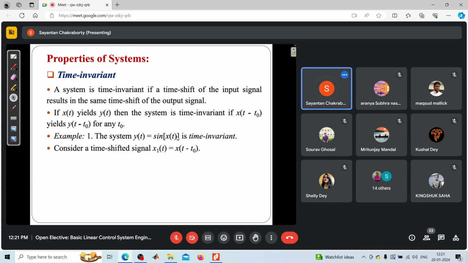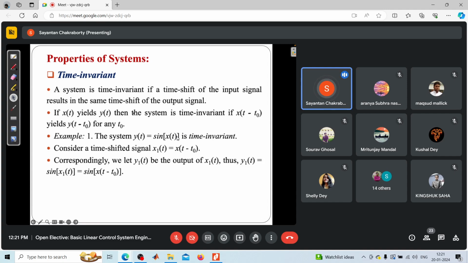So what is the time, say at t minus t0, we have a new input signal x1(t), which is the time shifted version of the input signal x(t), and the time shifting is by amount t0, so x1(t) is equal to x(t minus t0).